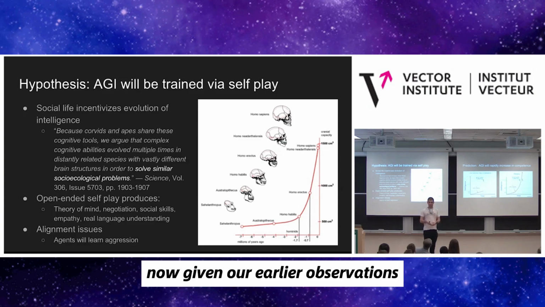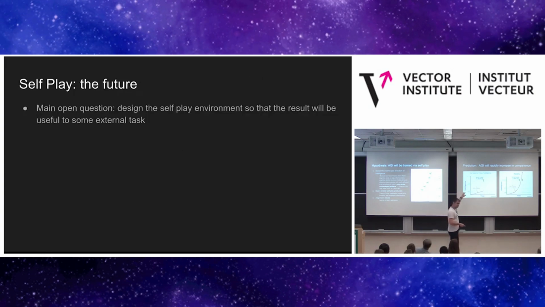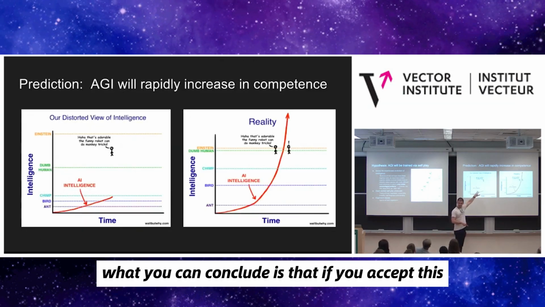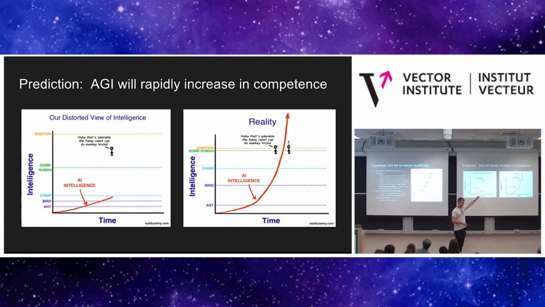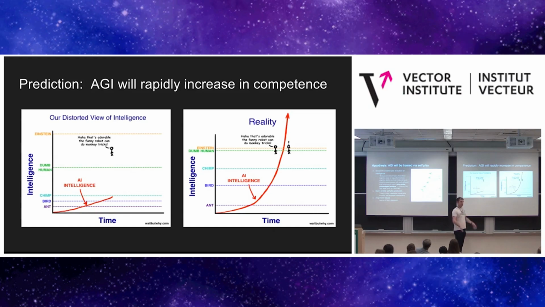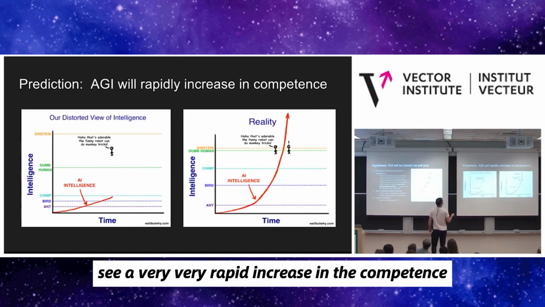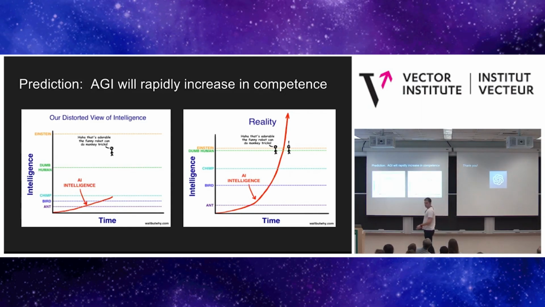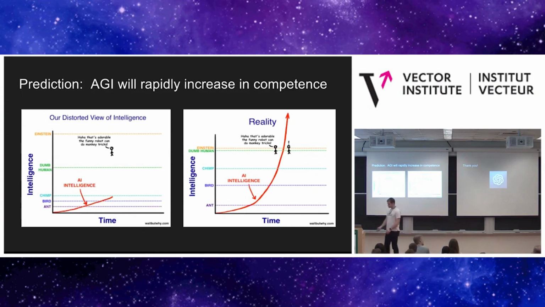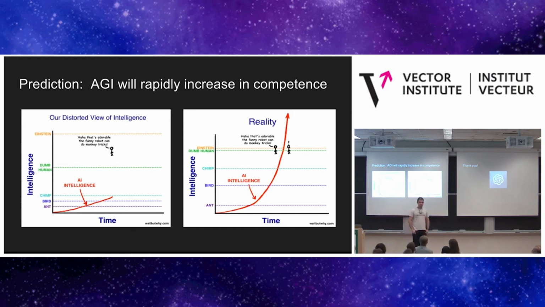Now, given our earlier observations about the speed of improvement in self-play systems, what we can conclude is that if you accept this controversial statement, then it follows that we should see a very, very rapid increase in the competence of the final agents which will have the general intelligence. And on this uplifting note, I want to thank you for your attention.